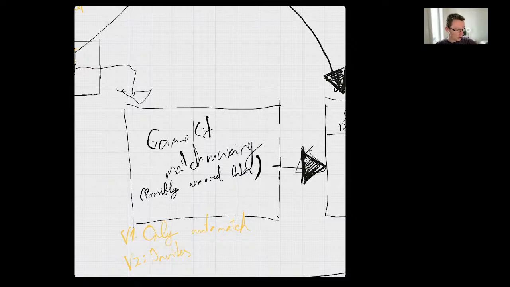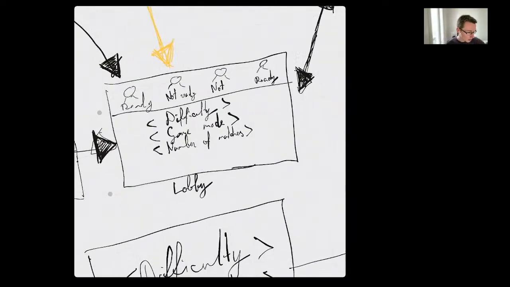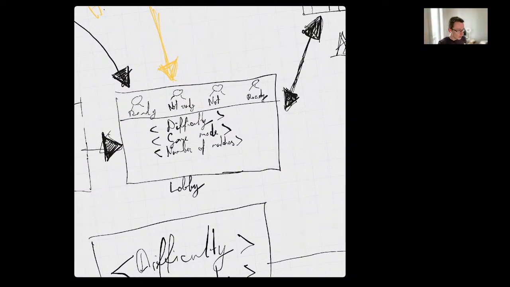After the match has been made, we go to the lobby. So again, on the lobby, we know that player number one is in charge. Input indicators, which there will be some kind of focus for keyboards and gamepads.